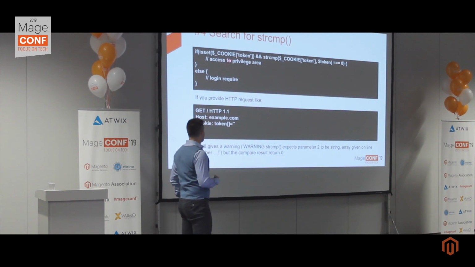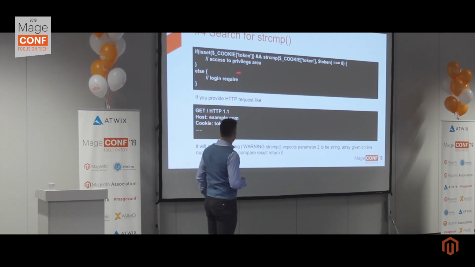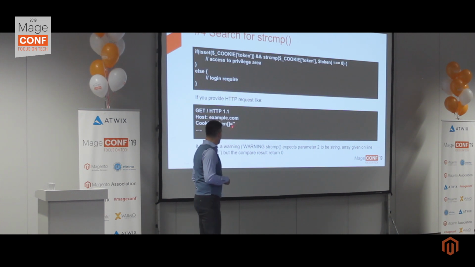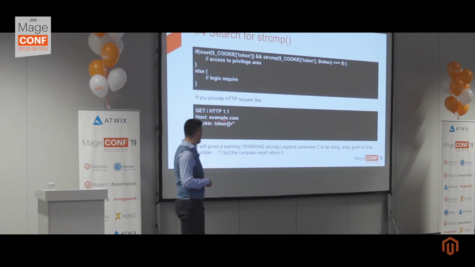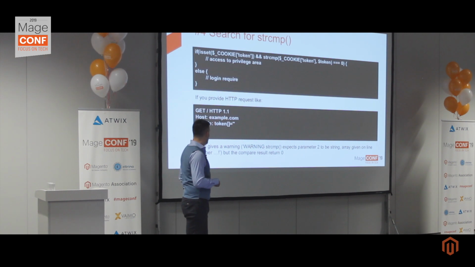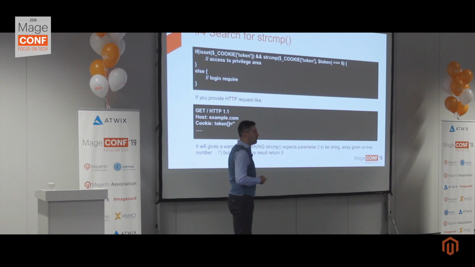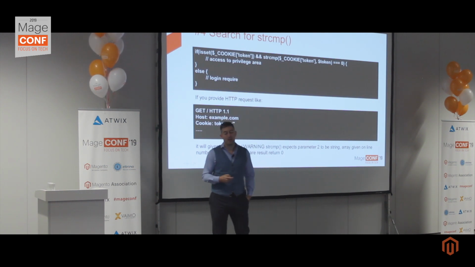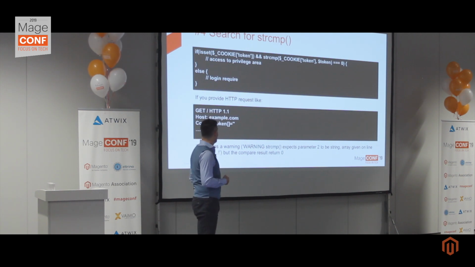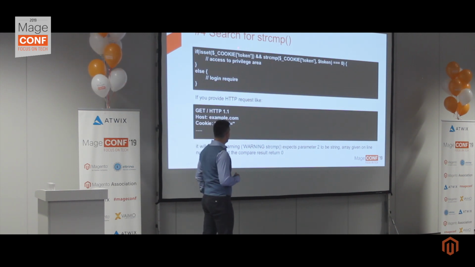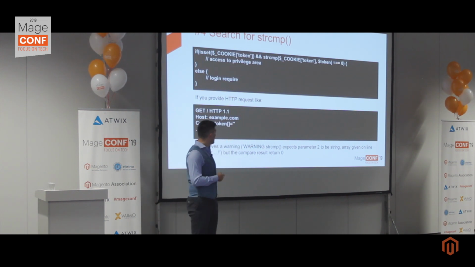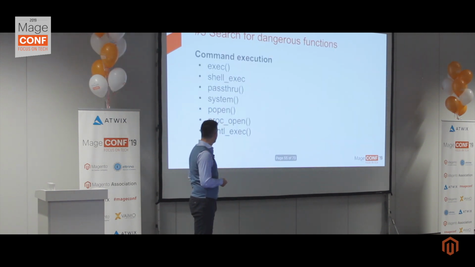It looks like good code, but in reality, if you provide an array as the token cookie, strcmp will throw a warning, but at the same time the whole function will return 0. And what would happen? You get access to a privileged area.